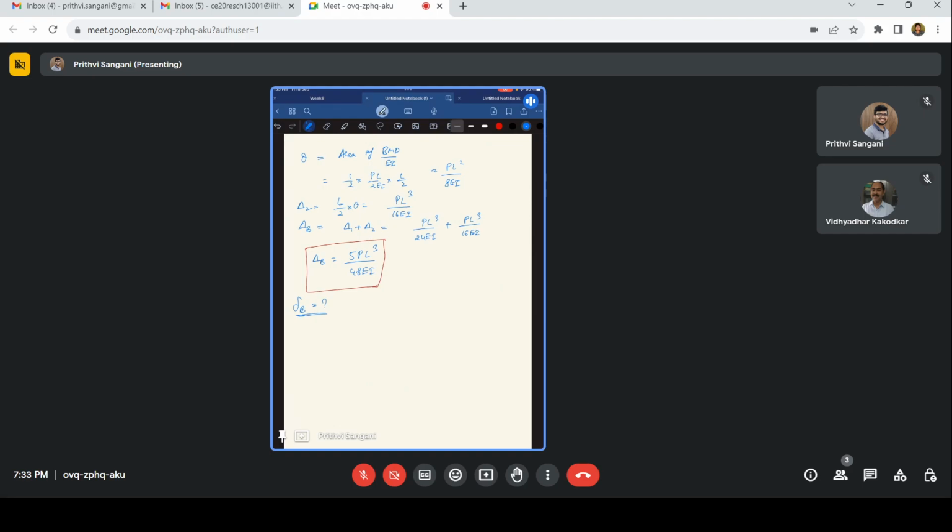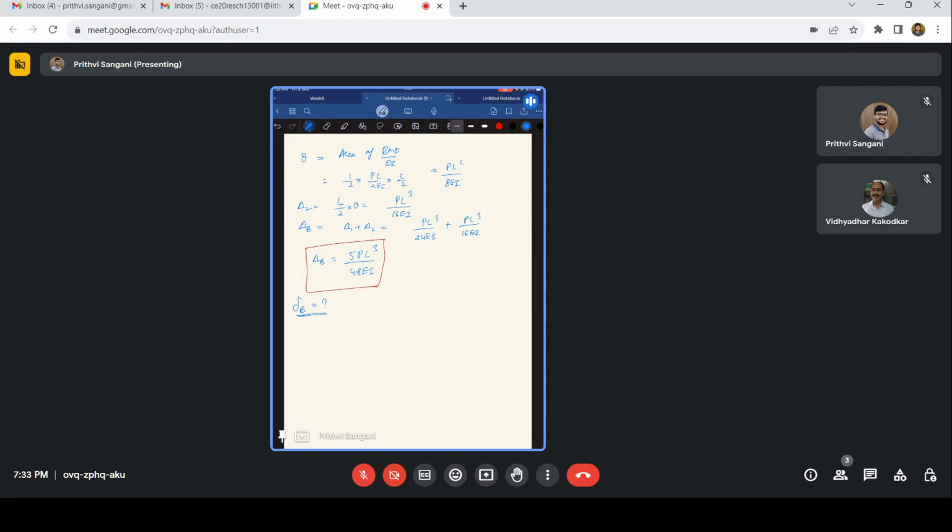So 1 times delta C is nothing but the summation of capital M small m by EI dx. This is the strain, the elongations in the member.